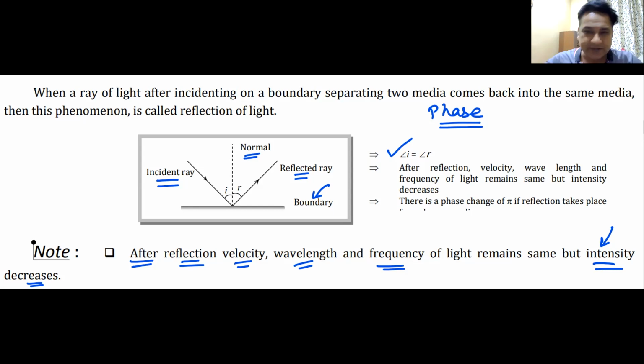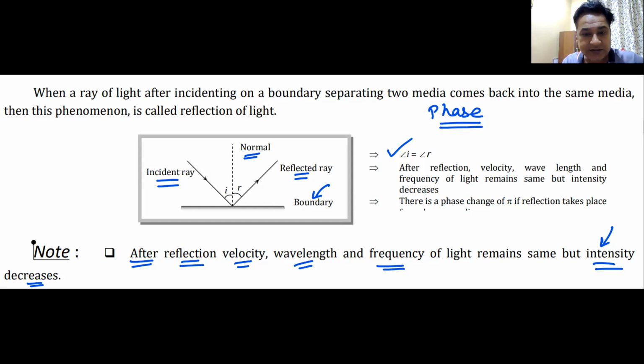We will fill up the blanks when we understand the word phase. We will understand it more easily when we understand the meaning of the word phase, so we will come back and do it then. Okay, got it?